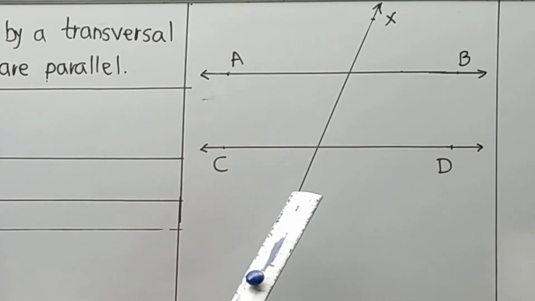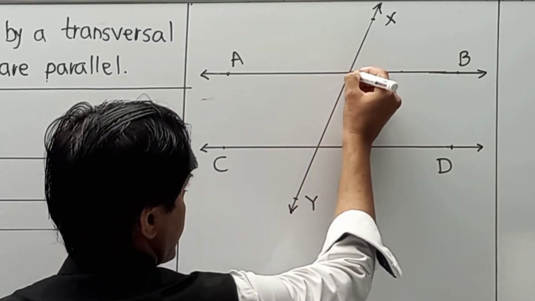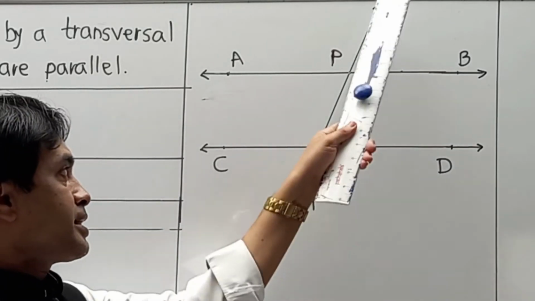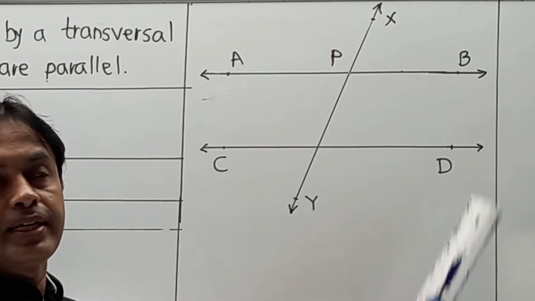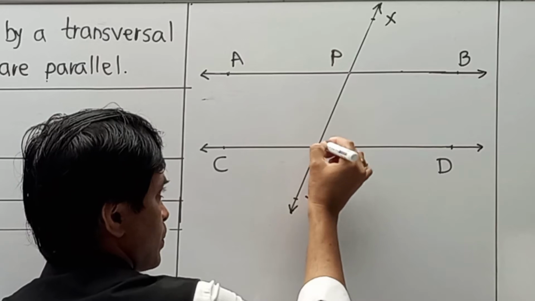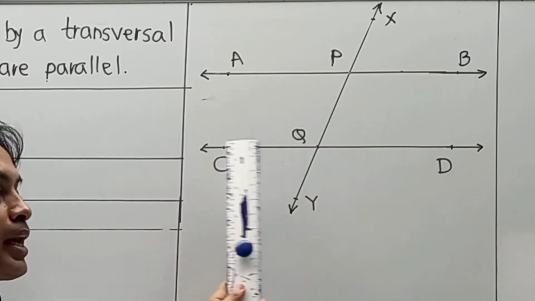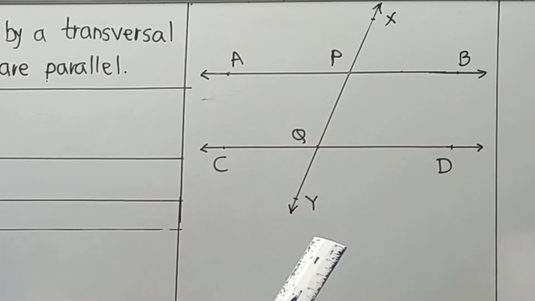When this transversal XY intersects AB, this point of intersection I am indicating as point P, and the same line XY intersects the line CD at, say, point Q. So you can say P and Q are the intersection points of lines AB and CD with transversal XY.